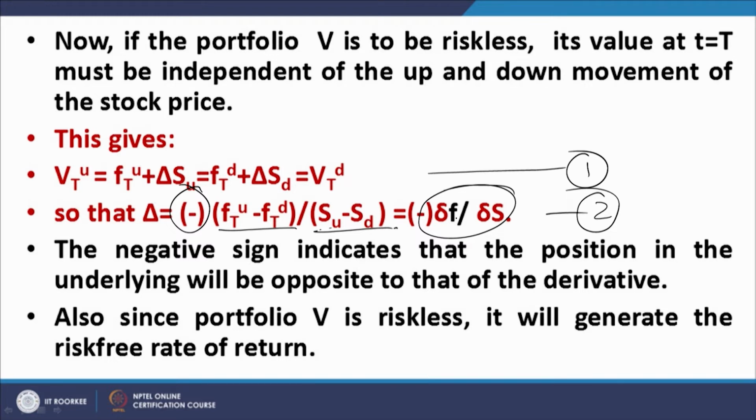Also, since portfolio V is riskless, it will generate the risk free rate of return. Now, this is mandated by what? It is mandated by the consideration of arbitrage free pricing. If there are two assets which have identical risk profiles, they must give you identical expected returns, and because this portfolio V that we have constructed is a risk free portfolio, it has no risk embedded in it, therefore, it must also give you the risk free rate of return.